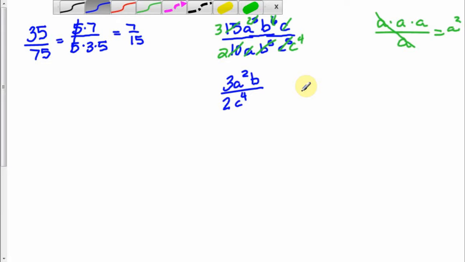Now, if the expression contains no plus and minus signs in it, then this is just cancel. Just start slashing stuff out, okay?